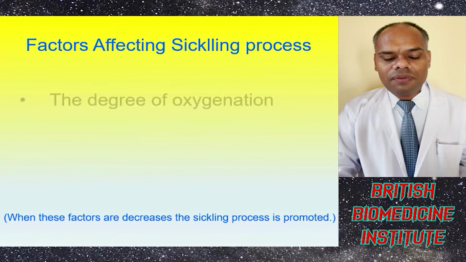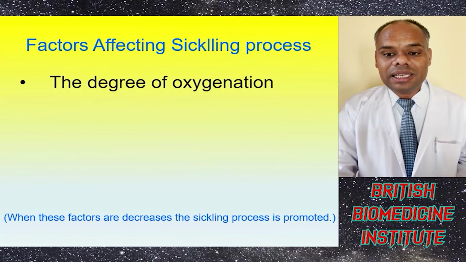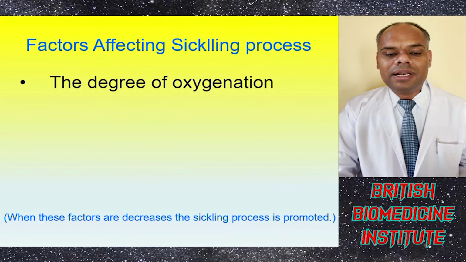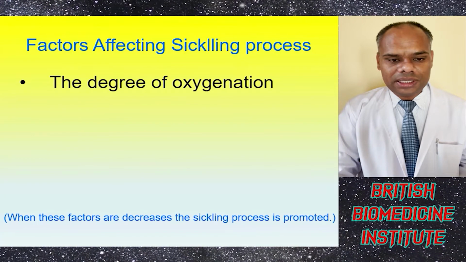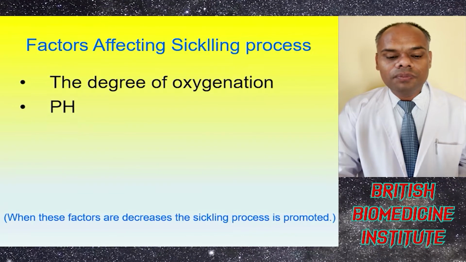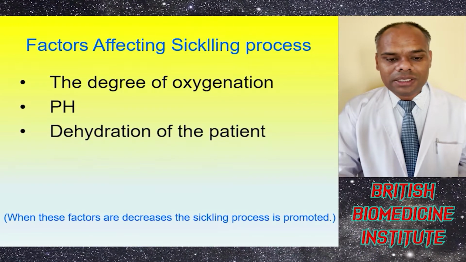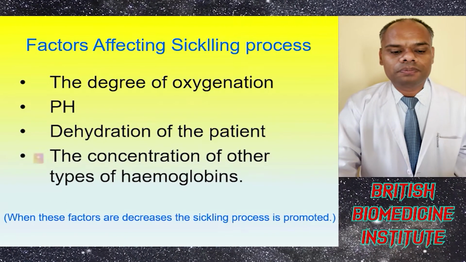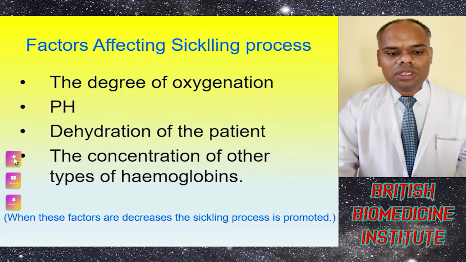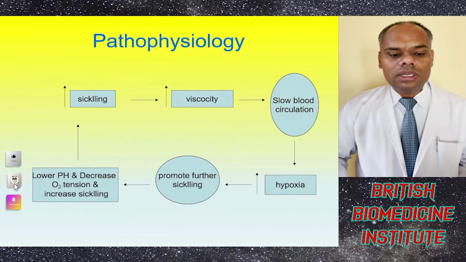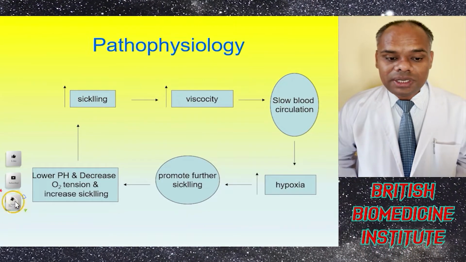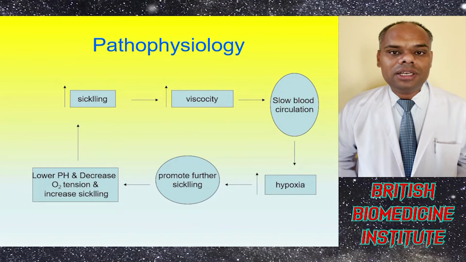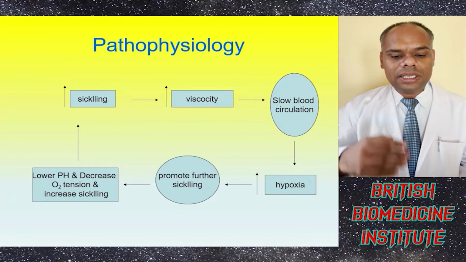Now comes the factors which affect the sickling process. It entirely depends on the degree of oxygenation, the pH level, the dehydration of the subject, and the concentration of other types of hemoglobin. The pathophysiology is that a lower pH or decreased oxygen tension leads to increased sickling.